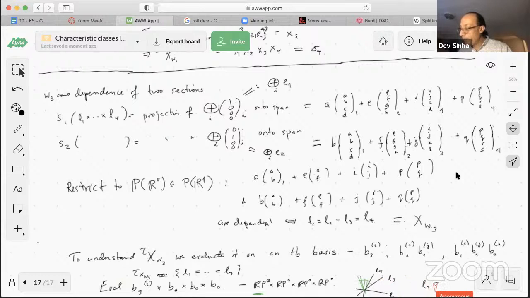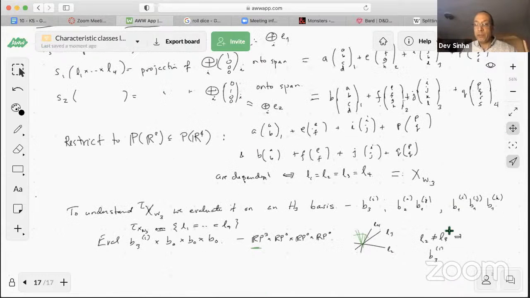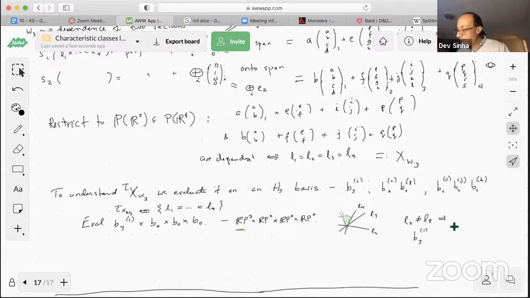So L2 not equal L3 implies that this B3 in place one cross B0 cross B0 in places 2, 3, and 4 does not intersect X W3 nowhere. And so that implies that that evaluates to 0.